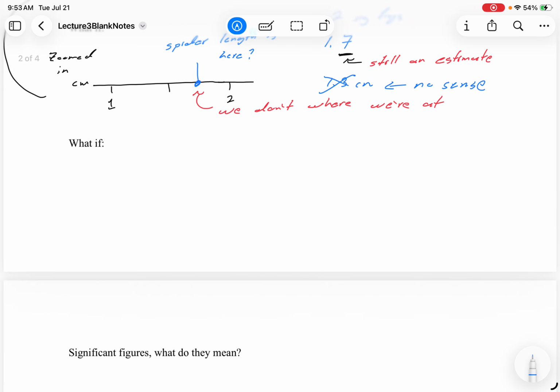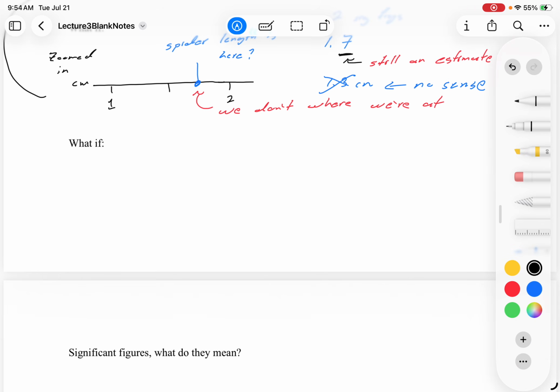What if we have another ruler? Let's draw this other ruler. It's probably going to be a horrible drawing, but I hope I can draw well. So what if we have another ruler, again in centimeters?